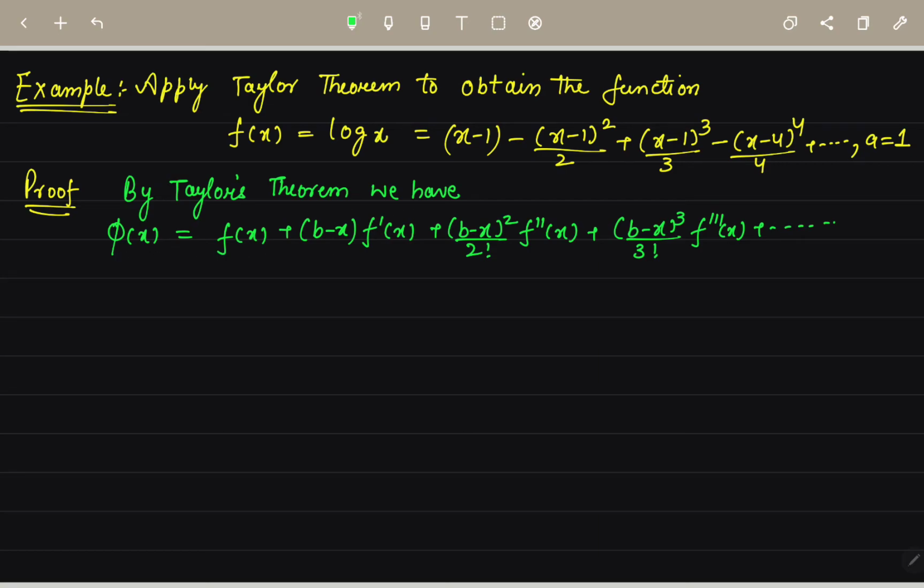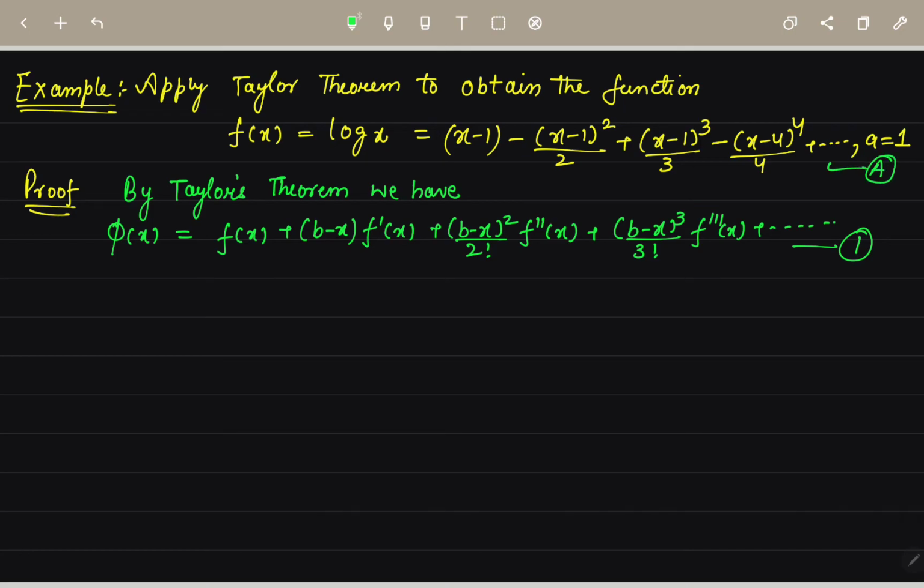What I have to do in this question is find the first derivative, second derivative, third derivative, and after finding all these derivatives I will substitute them in this equation. I will name it equation number 1, and after substituting these values in equation 1 I will get the above expression, which I name equation A.